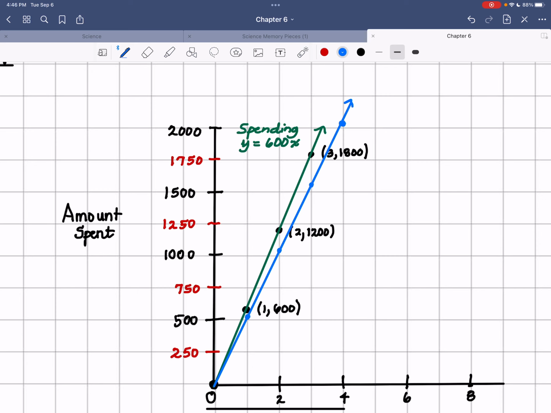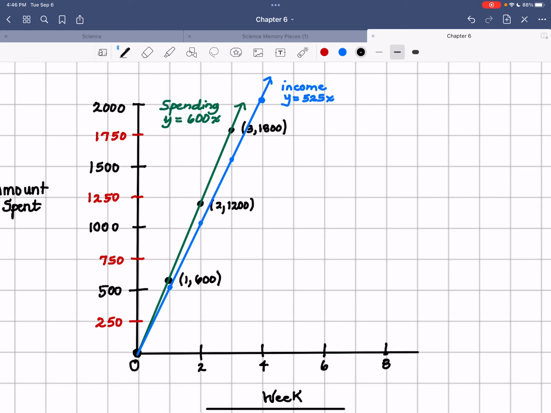Compare the two lines. This one is his income. And his income is $525 per week. So what conclusions can we draw here? Let's compare spending. The slope for spending is 600. The slope for income is 525.